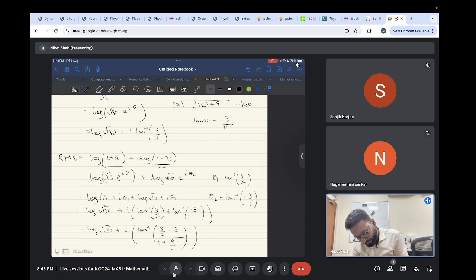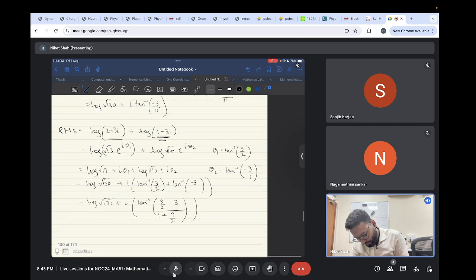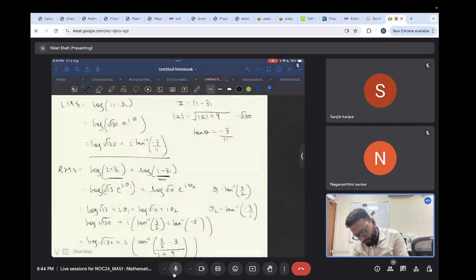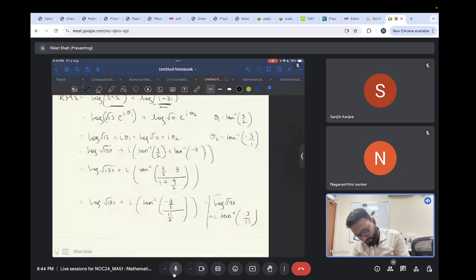So this is equal to log square root 130 plus i tan inverse of minus 3 by 2 divided by 11 by 2, which is log square root 130 plus i tan inverse minus 3 by 11, which is exactly this, right? This is what we end up with.